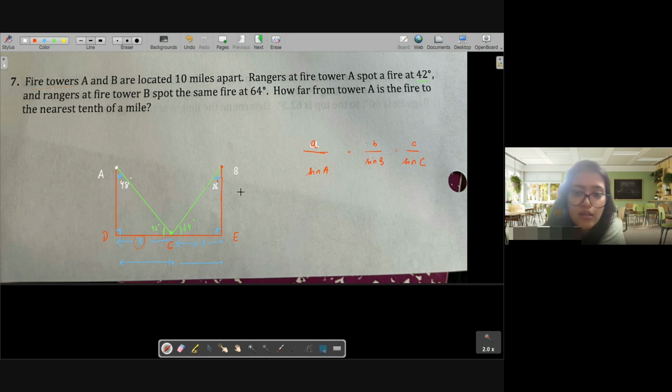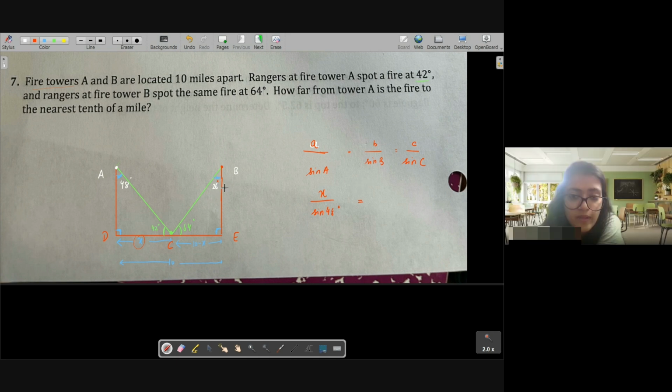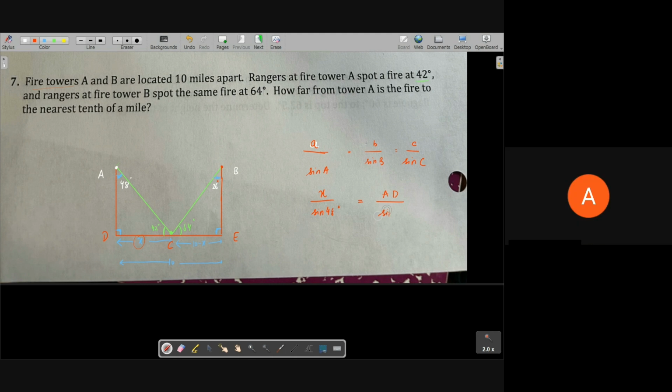Let's write x over sine of 48 degrees is equal to, you can take this side AD, AD over. Oh, I got 10 minus x divided by sine 56 would work.